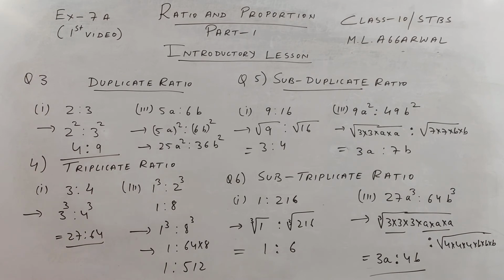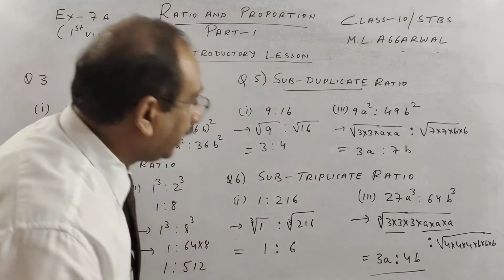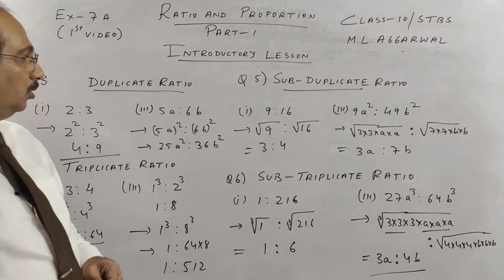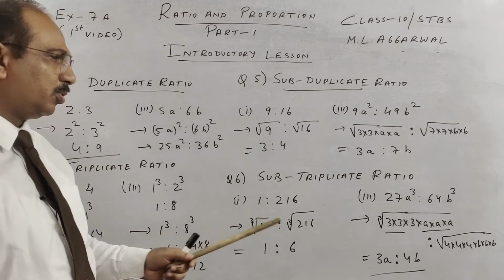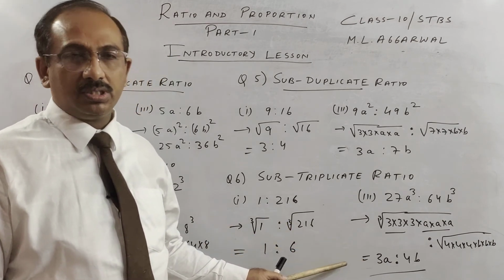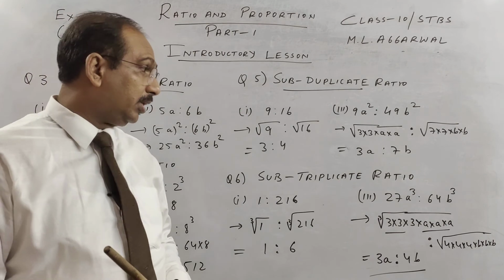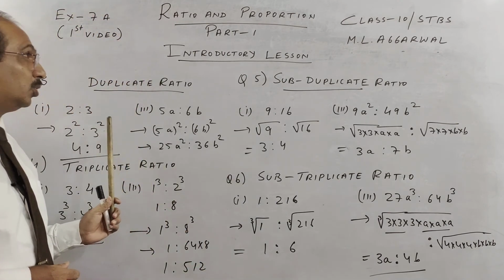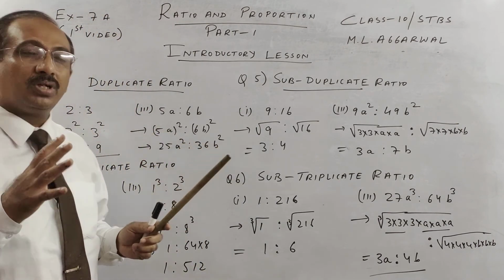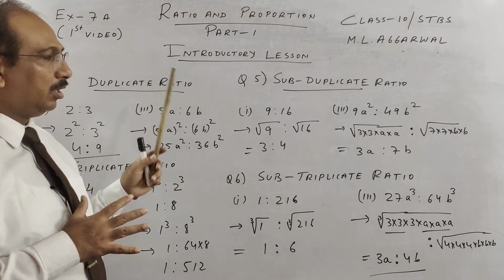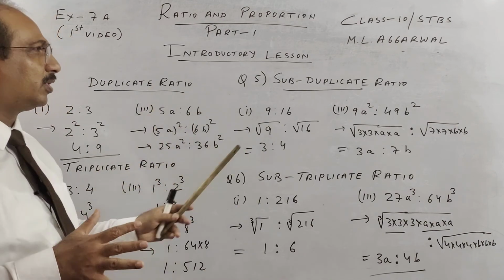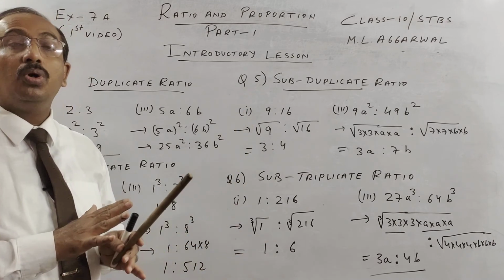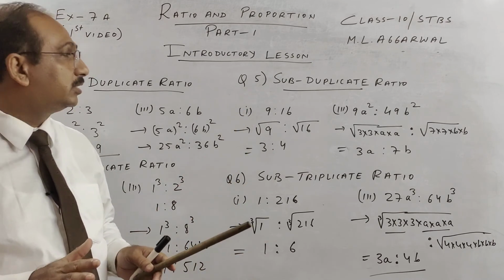So children, we come to the end of this session. Okay, so I have taught what was new and reciprocal ratio also, you see, and some very good solved examples are there. So this exercise 7A is an introductory lesson, children. You have done already, and most of the thing is very easy. This was little new, therefore I have made this video lesson. So do all solved and all unsolved examples.